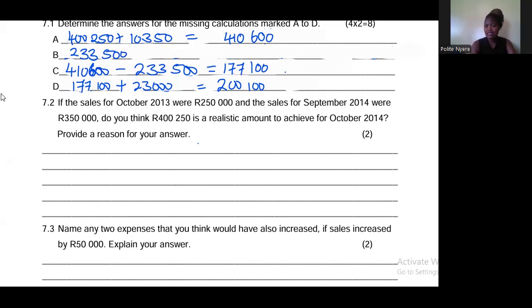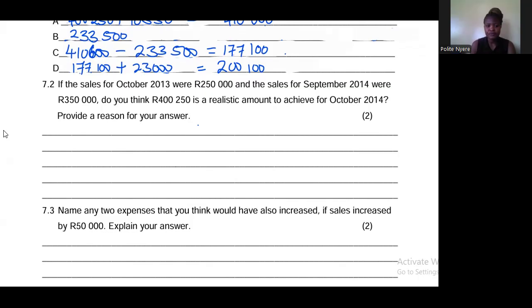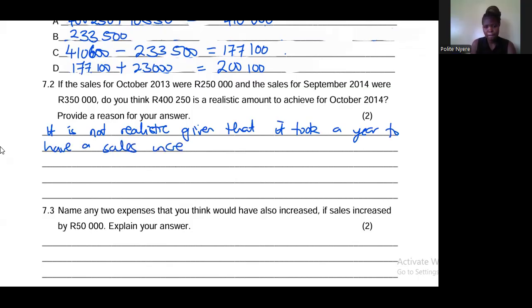So what makes us think that in a month we are going to have an increase of 50,250? So we say, it is not realistic given that it took a year to have a sales increase of 100,000.